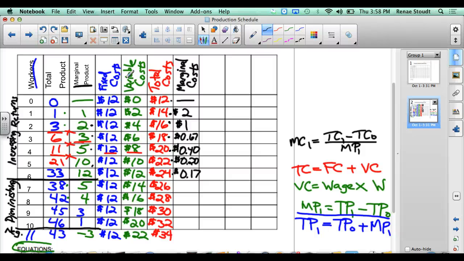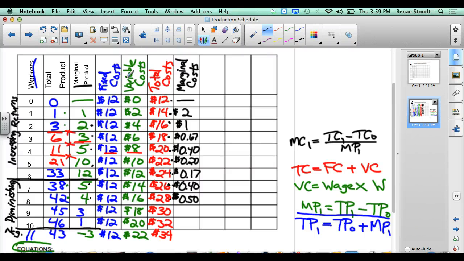By 7 workers, we're subtracting 26 minus 24, which is 2 divided by 5. We already did that. That's 40 cents. For 8 workers, we are subtracting 28 minus 26, which is 2 divided by 4, which is 50 cents. There we go.